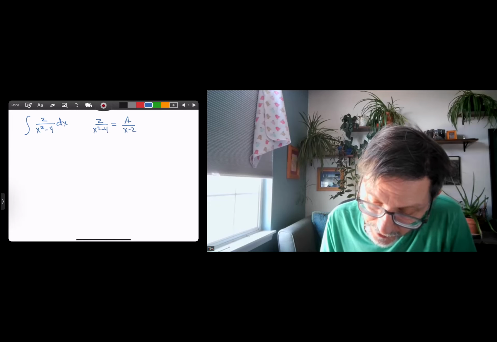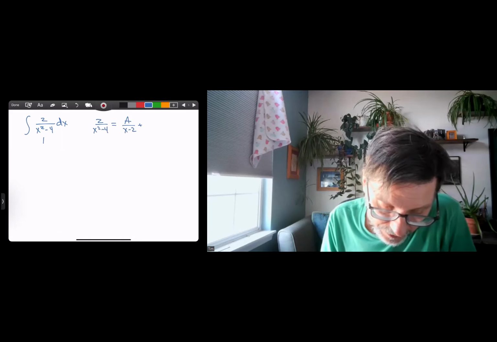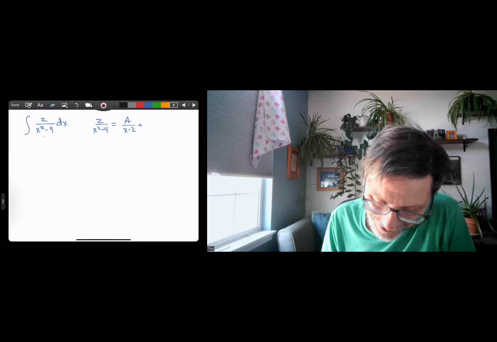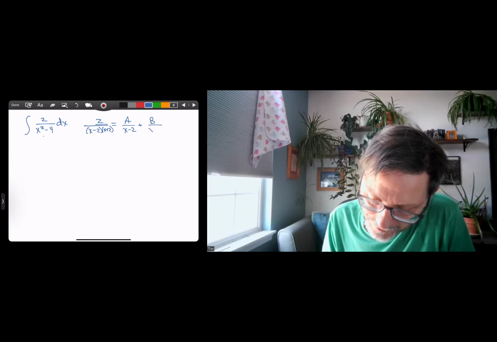I recognize that's the difference of two squares, and that this denominator, which I should have factored over here, looks like that.